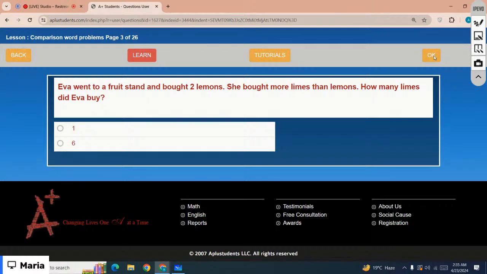Eva went to a fruit stand and bought two lemons. She bought more limes than lemons. How many limes did Eva buy? Which is the correct option?